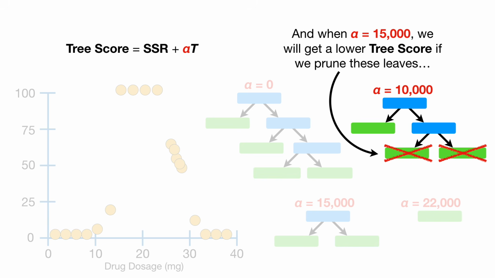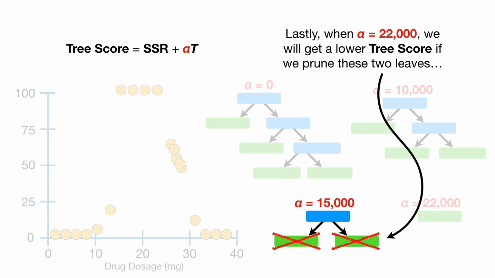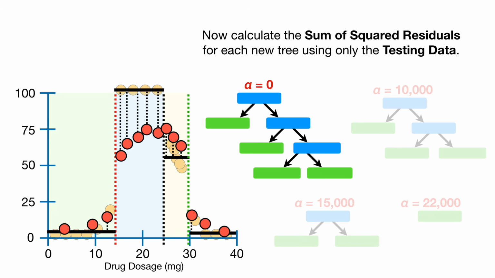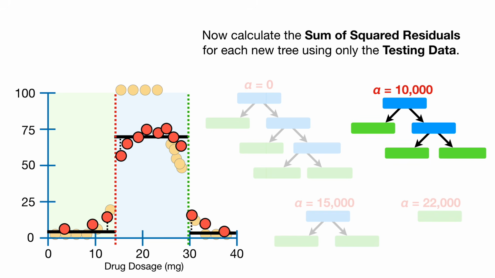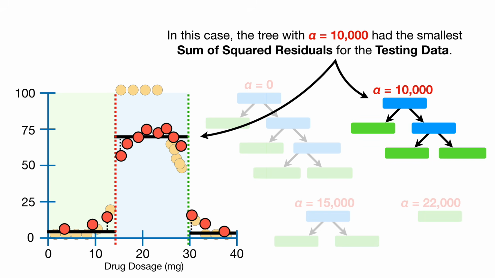And when alpha equals 15,000, we will get a lower tree score if we prune these leaves and use this tree instead. Lastly, when alpha equals 22,000, we will get a lower tree score if we prune these two leaves and use this tree instead. Now calculate the sum of squared residuals for each new tree using only the testing data. In this case, the tree with alpha equals 10,000 had the smallest sum of squared residuals for the testing data.